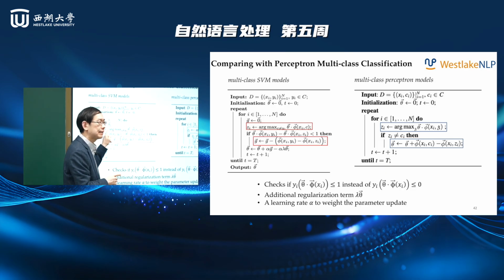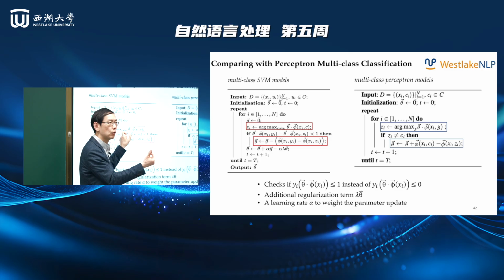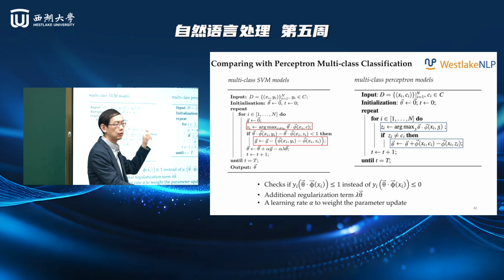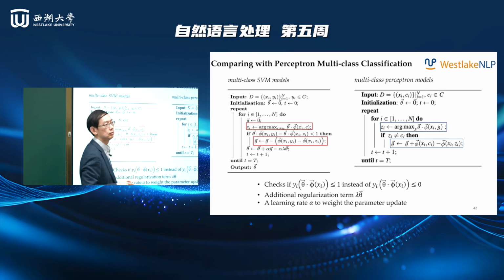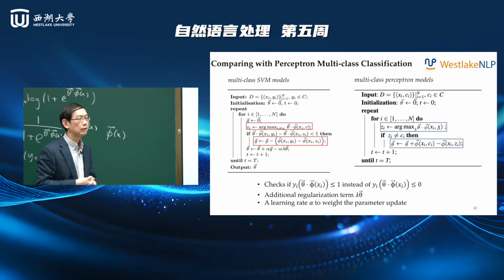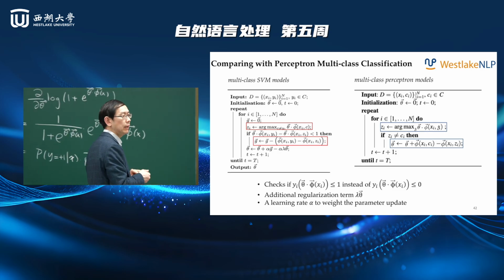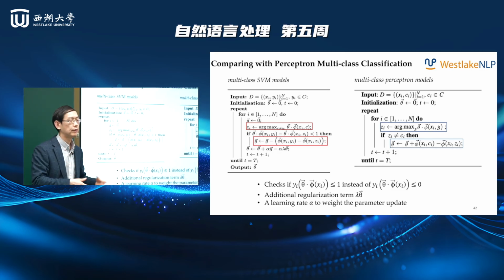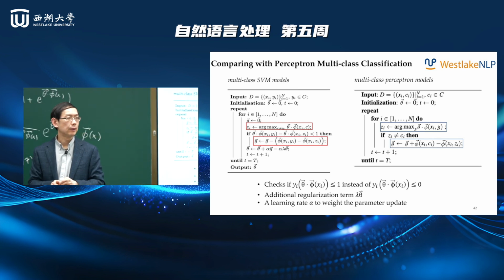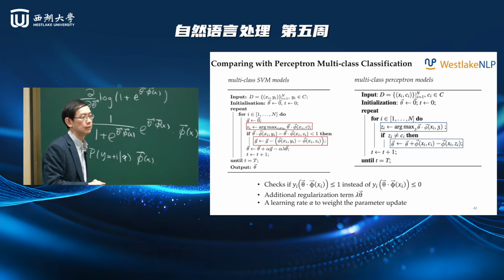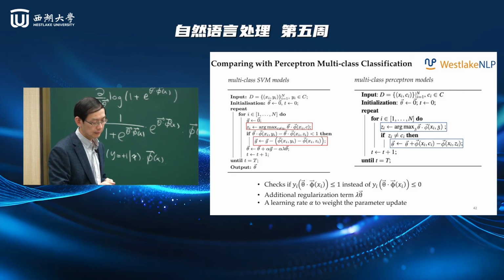But SVM looks at the gold and the highest scored non-gold example. It requires the gold and the highest scored non-gold to have a score margin of more than 1. Otherwise, it will update the model parameter using the tool. The second difference is that SVM always subtracts lambda theta from theta. So it's the margin term.